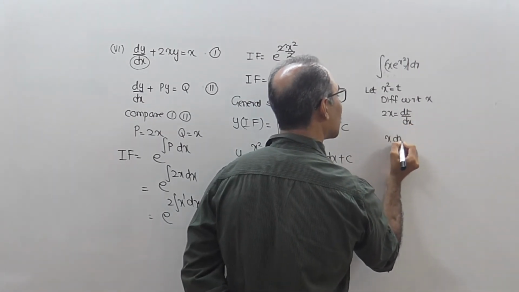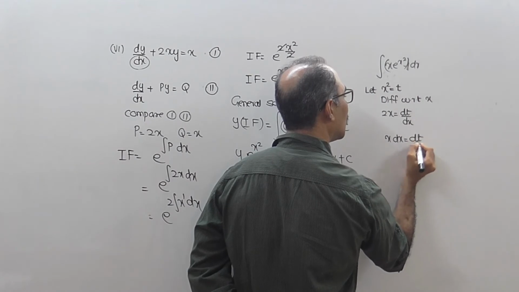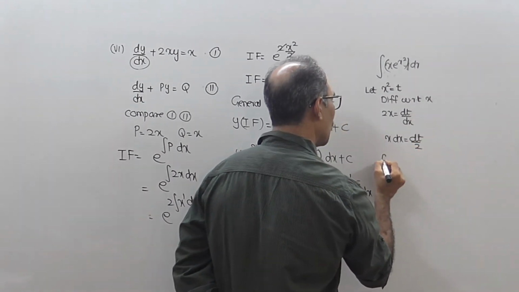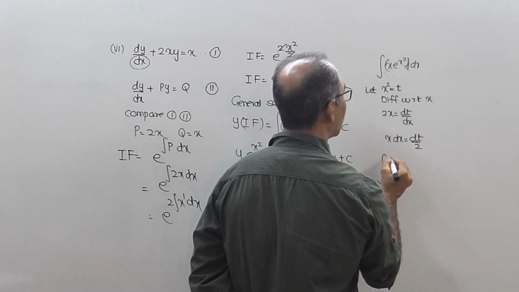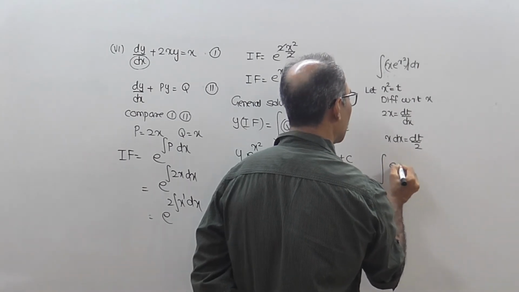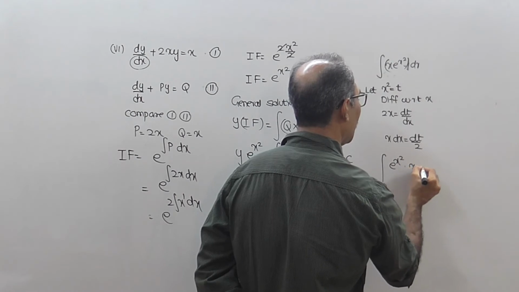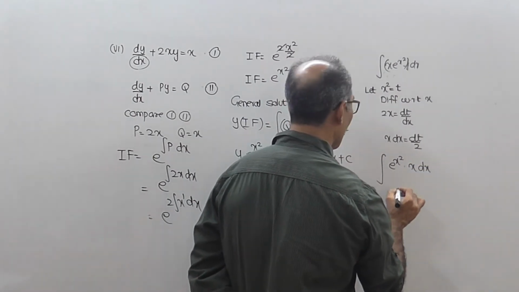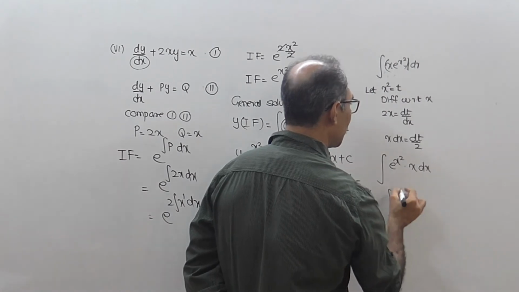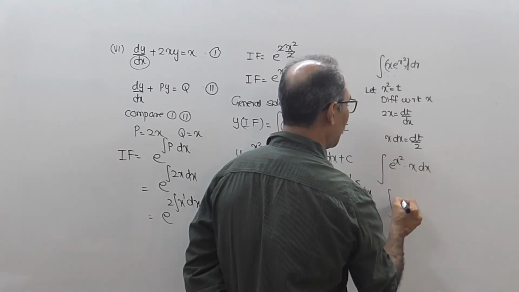So you get x dx equal to dt by 2. So I will write this as integration e raised to x square into x into dx.